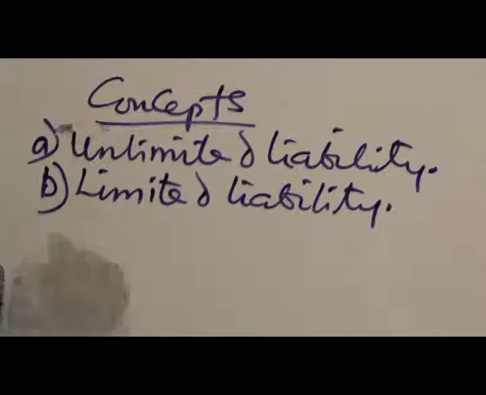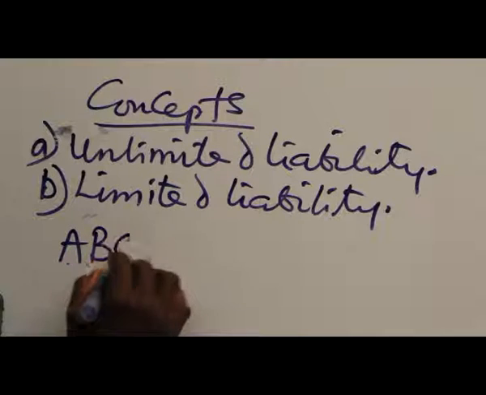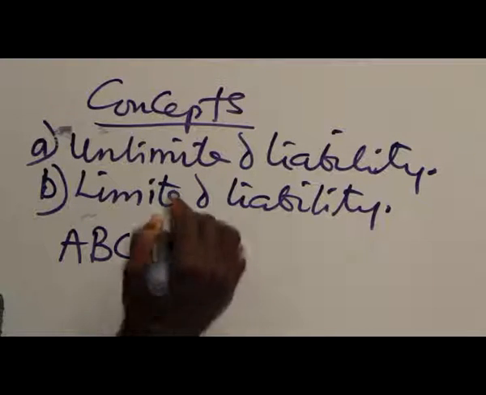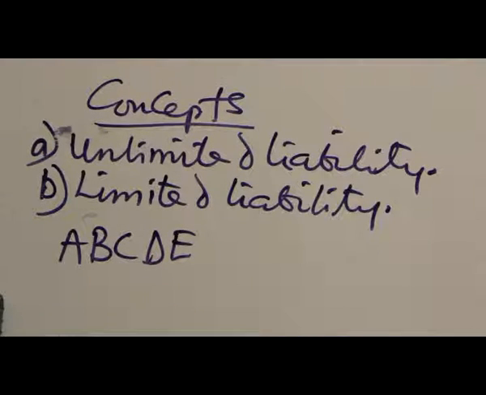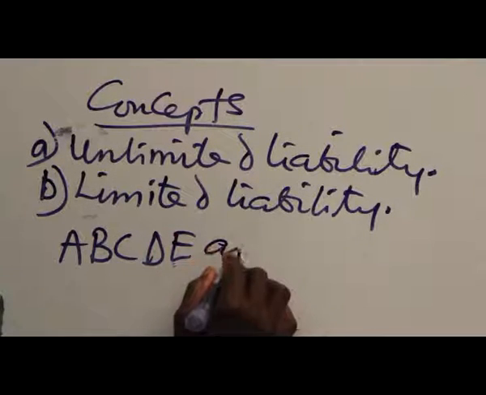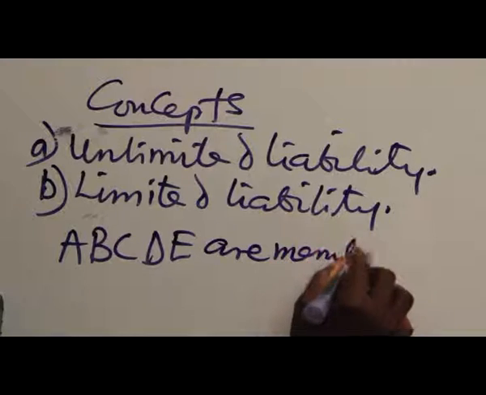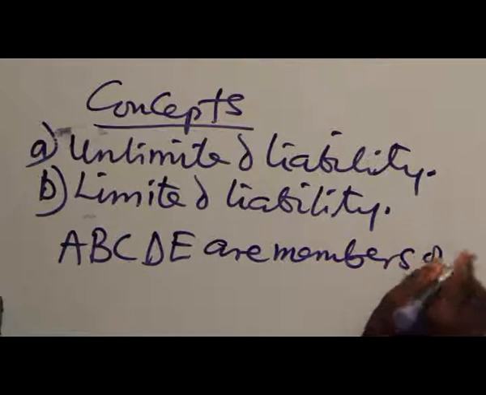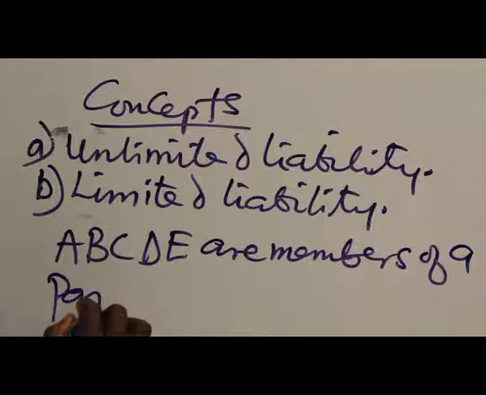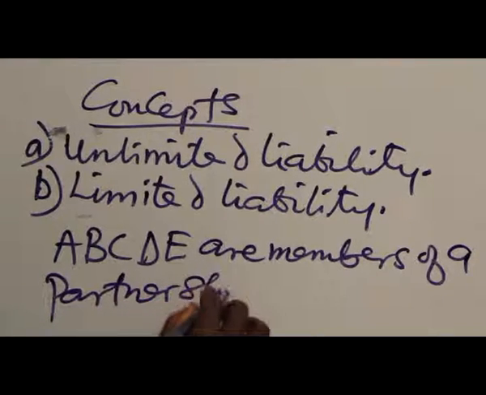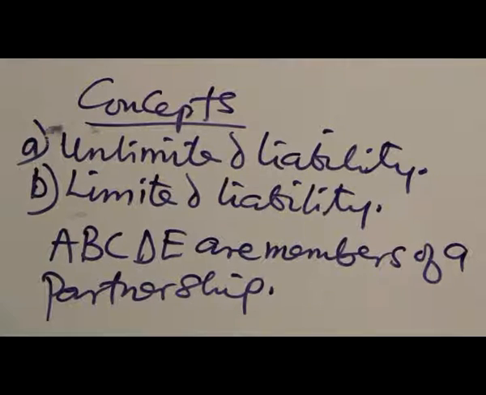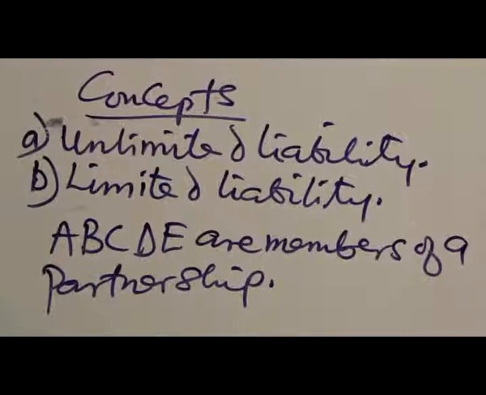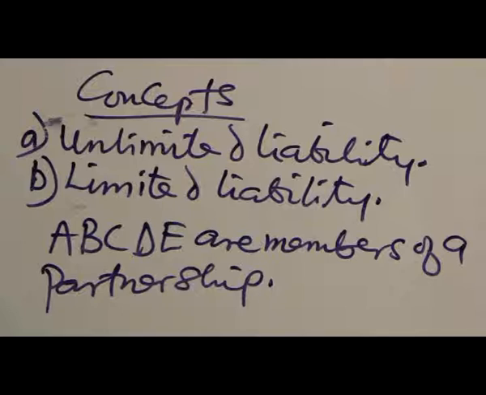For example, A, B, C, D, and E are members of a partnership. Somehow, the business collapsed, and they all contributed capital.